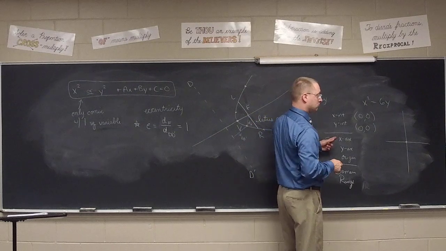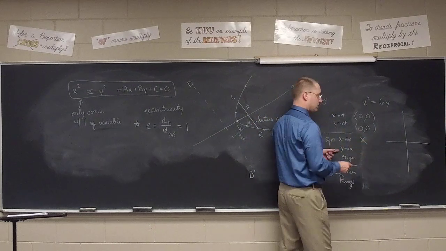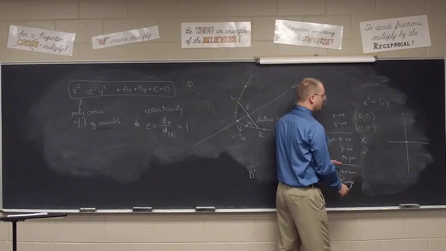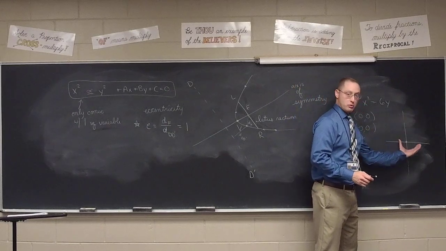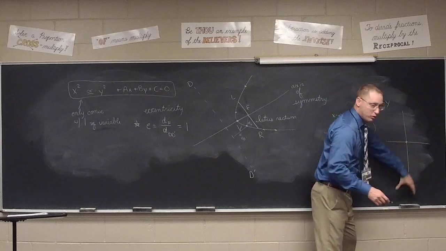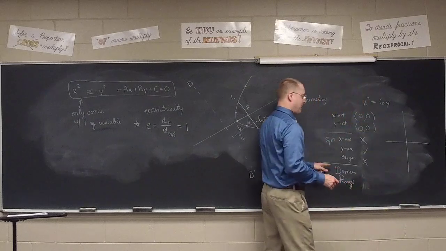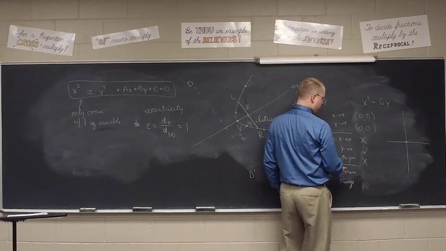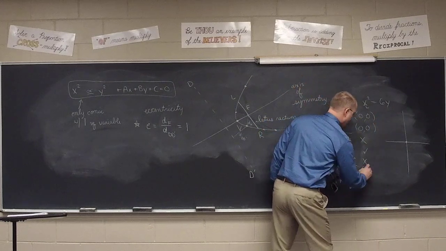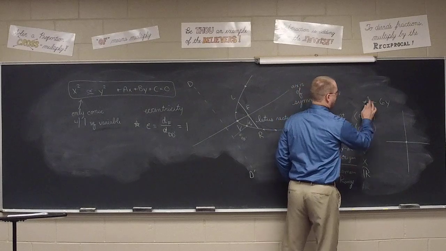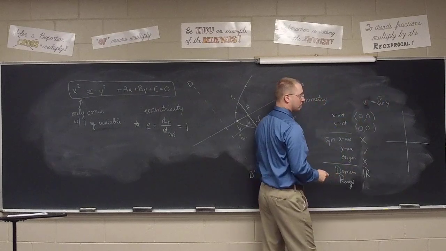X-axis symmetry? No. Y-axis? Yes. Origin? No. Guaranteed no, which means it's either going to go up symmetric to the y, or it's going to go down symmetric to the y. Domain? All real numbers. If we get the y by itself, I can plug in anything. What about the range? If you get the x by itself? All no.